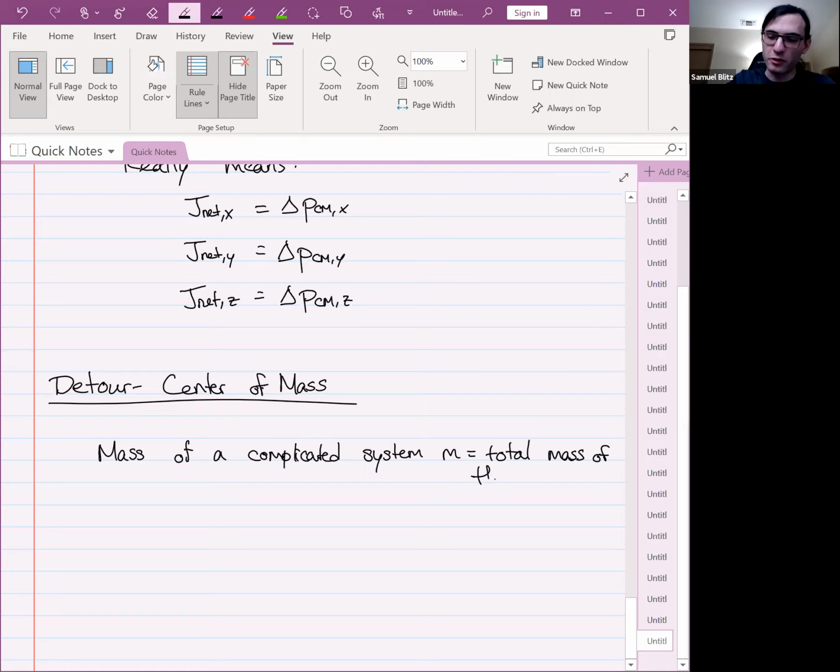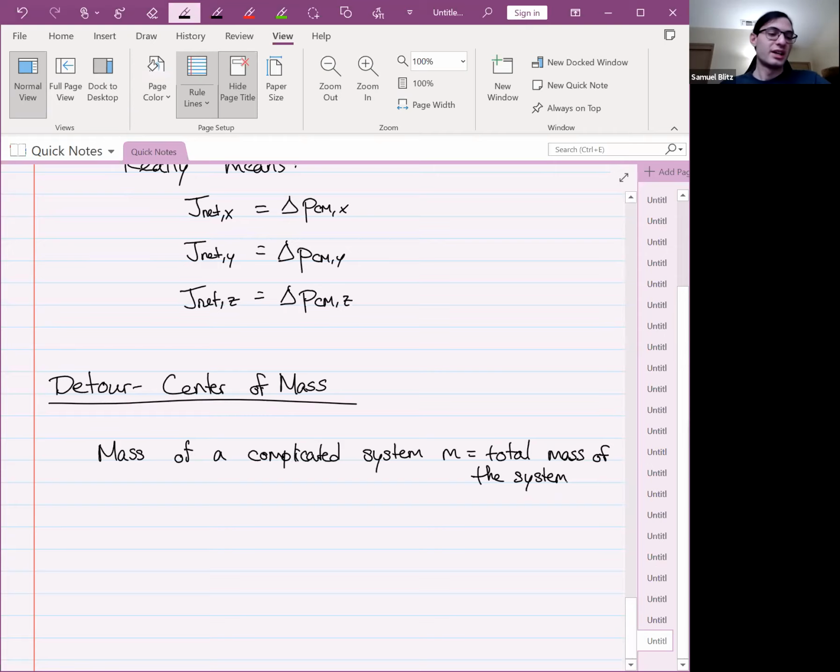So if you saw an M in your equation for the system of the Earth and the apple, that total M would be the mass of the Earth plus the mass of the apple. So in F equals MA, where F is F net, M is the mass of your system, and A is the center of mass acceleration, the M in that case is the mass of the whole system.